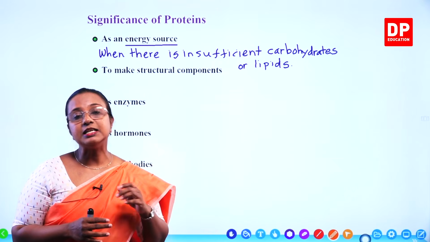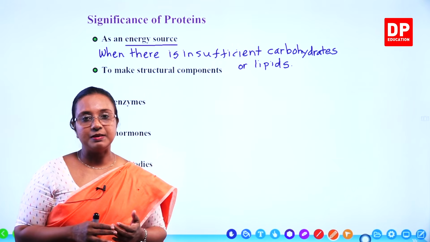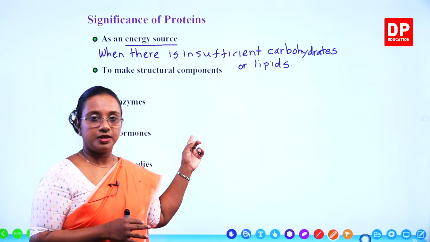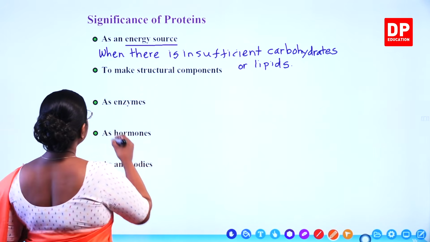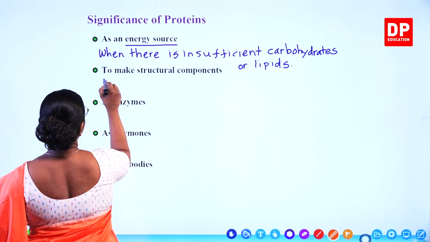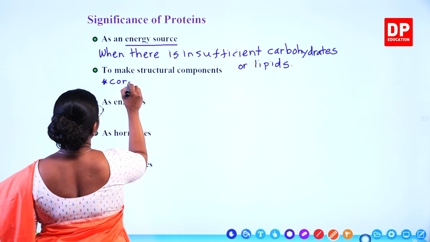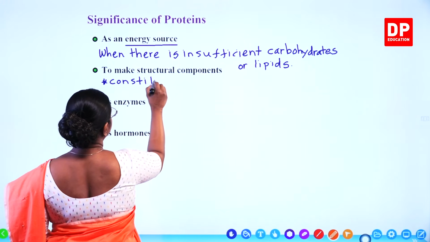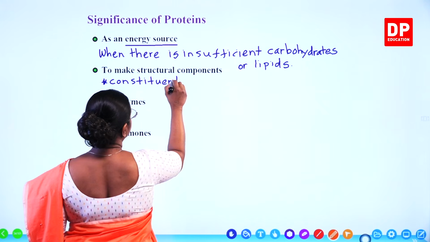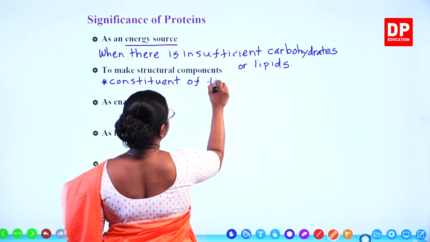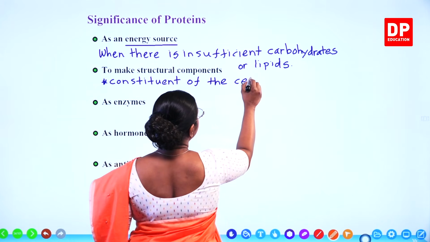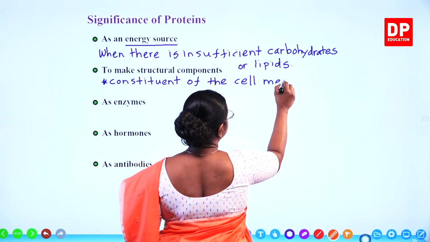One of the main constituents of the cell membrane is protein. So, protein is a constituent of the cell membrane.